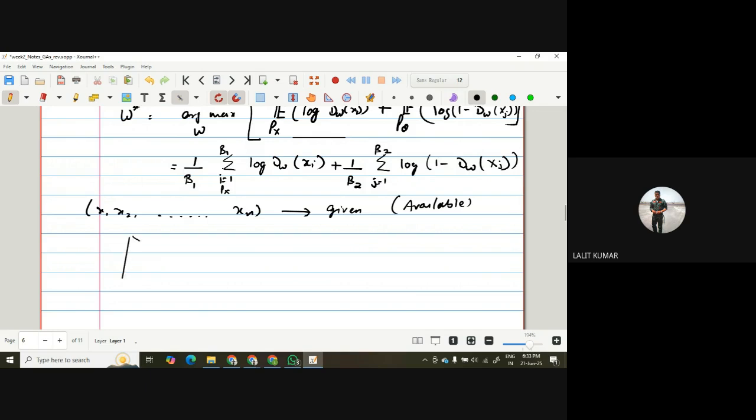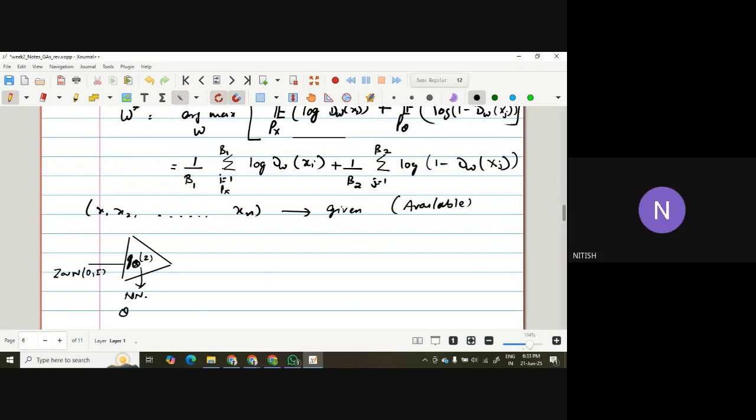This is your generator, g theta of z, where z I sample from normal distribution 0 to I, and I initialize my neural network with some theta.